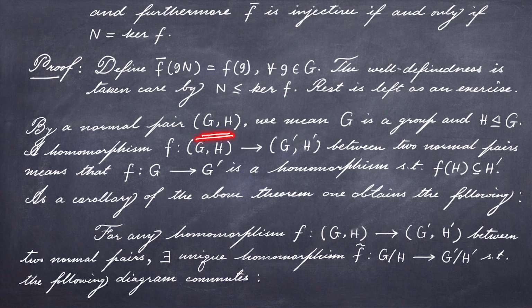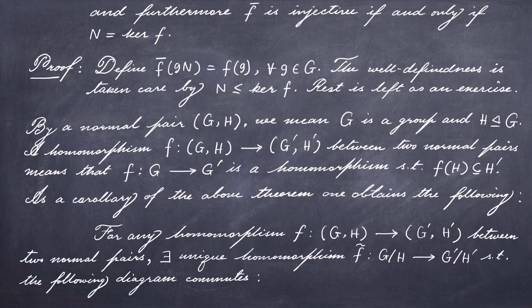Given a normal pair, I mean a group G and a normal subgroup H of G, when two normal pairs are given, a homomorphism F between this normal pair and that normal pair is a group homomorphism from the group G to G prime such that it carries H inside H prime. Okay.